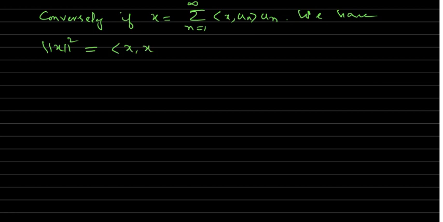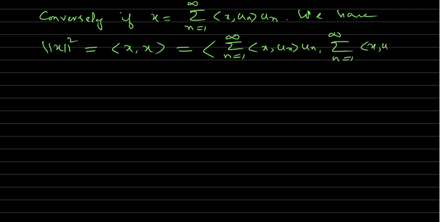This is by inner product property, it's inner product of x with x, that's equal to what's x? X is this sum, summation n runs from 1 to infinity x un, summation n runs from 1 to infinity x un. But what's the sum actually? What's the definition of this series?